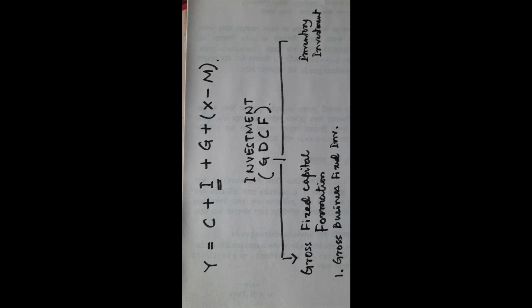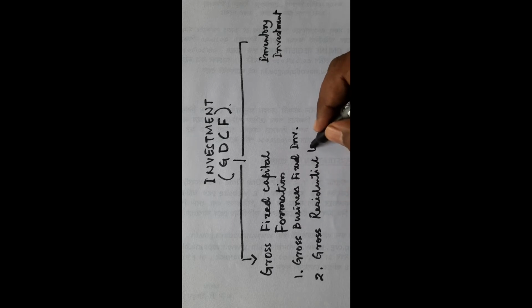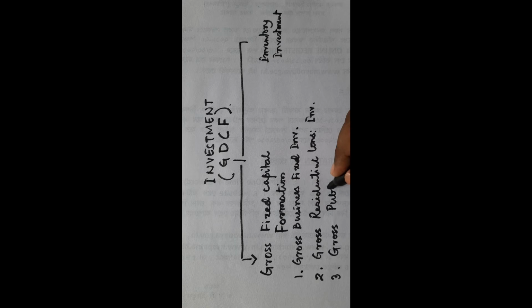Number two is gross residential construction investment. Number three is gross public investment.